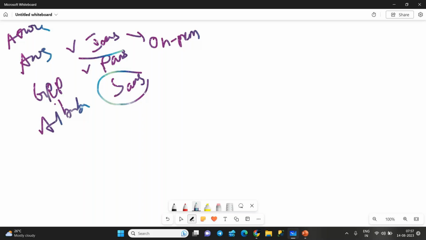You will deploy your VMs, your storage, your networks, and you can use those services. But here one interesting option is you have control on the operating system, means you can access your operating system.